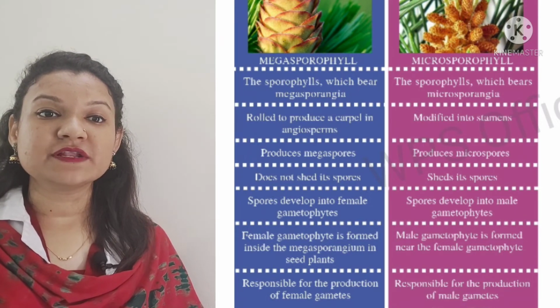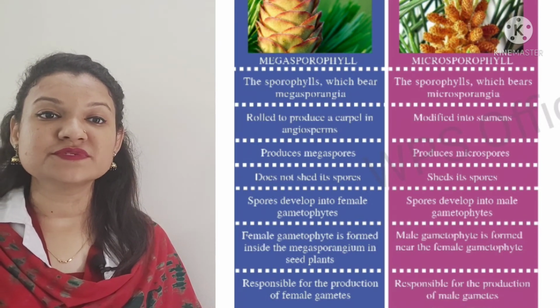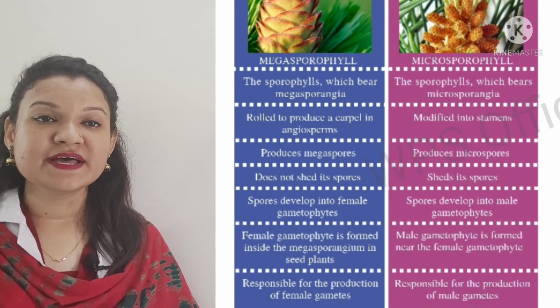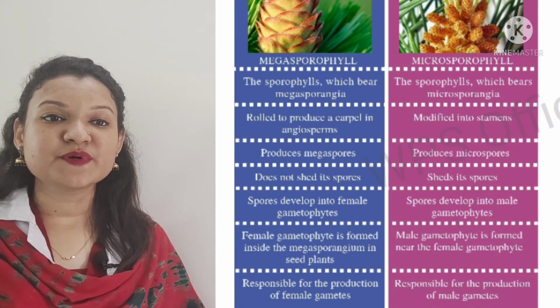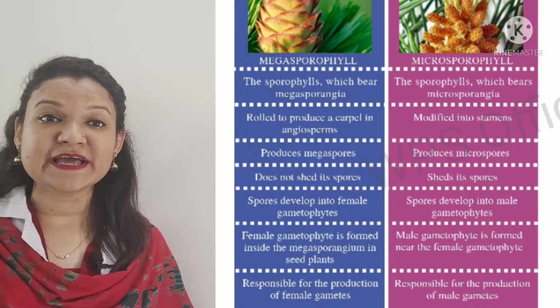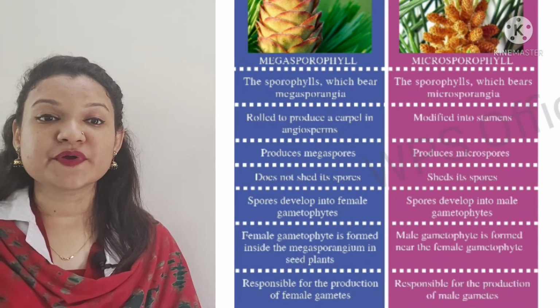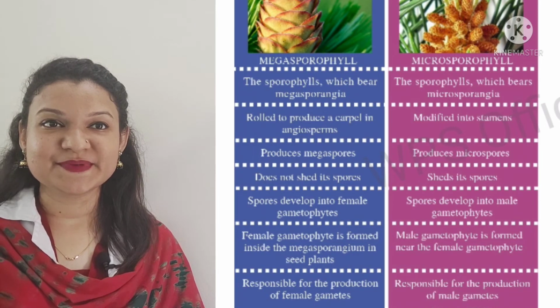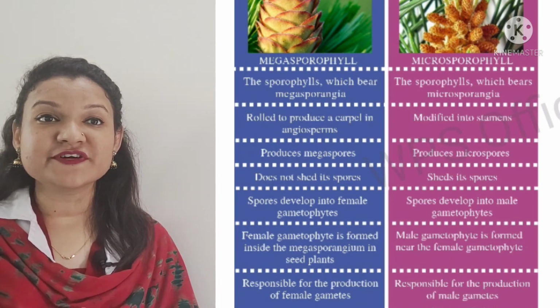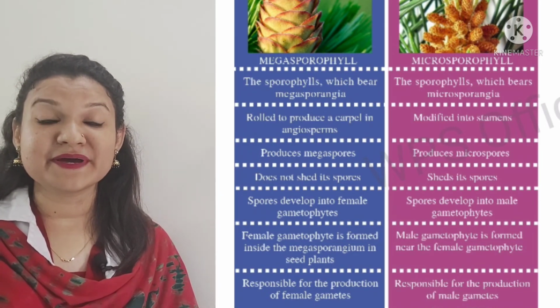In the microsporophyll, the male gametophyte is formed near the female gametophyte. The megasporophyll is responsible for the production of female gametes, and the microsporophyll is responsible for the production of male gametes. So, this is the difference between megasporophyll and microsporophyll. I hope you understand this difference.